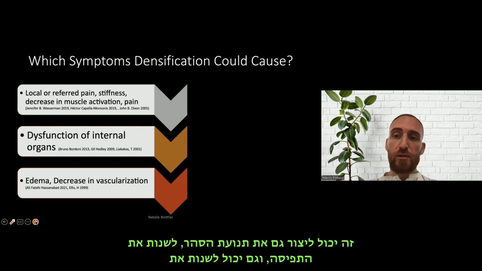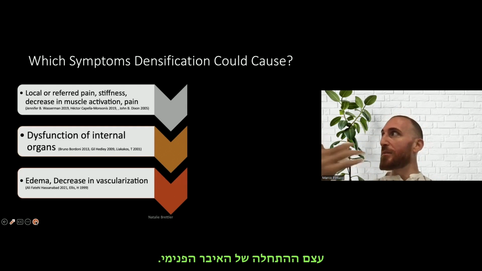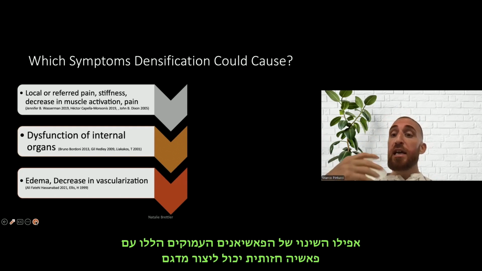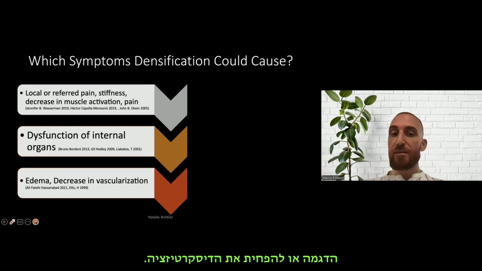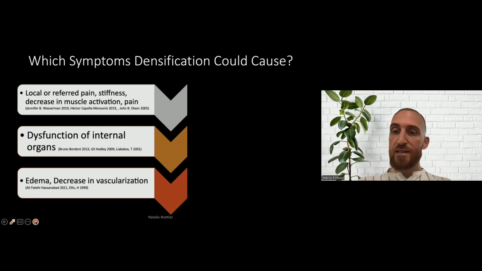It can also create decreased range of motion, altered proprioception, and can alter the peristalsis of the internal organs. Even the alteration of the deep fascia and superficial fascia can create edema, for example, or decreased vascularization.